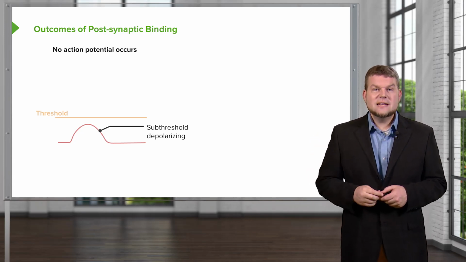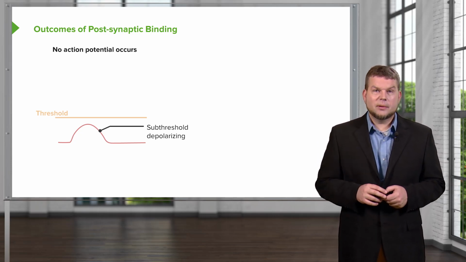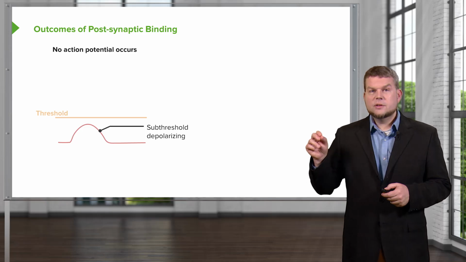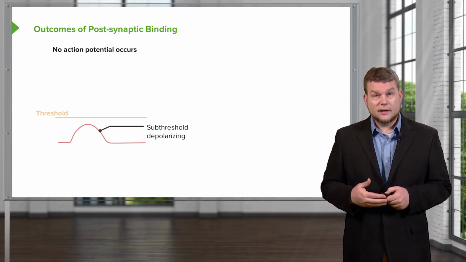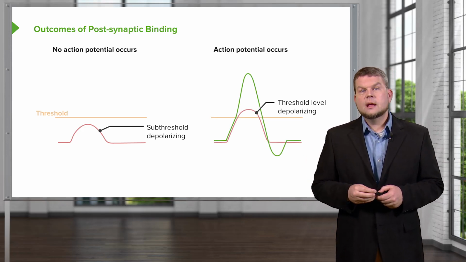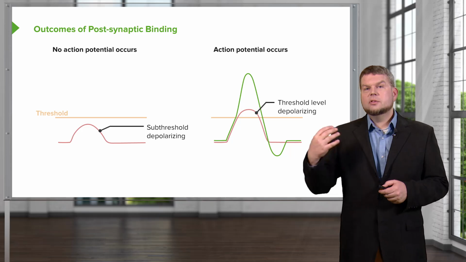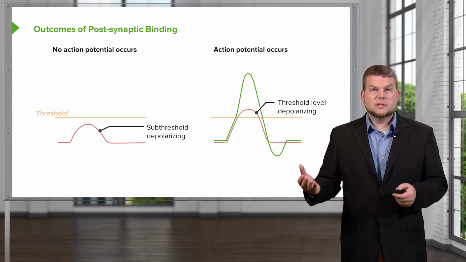So with our depolarization component, we have two things that could happen. Either when we bind to our postsynaptic membrane, we have a sub-threshold event, or we have a threshold event. If you are able to eclipse threshold, you will get an action potential.